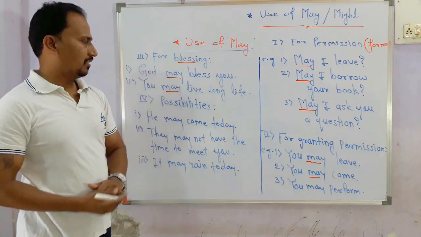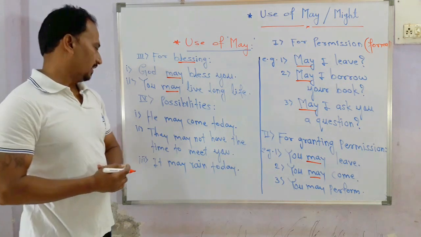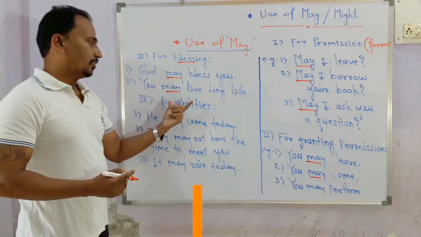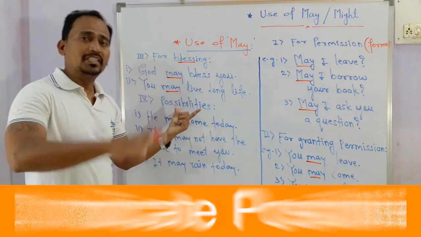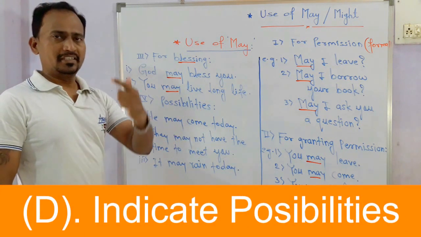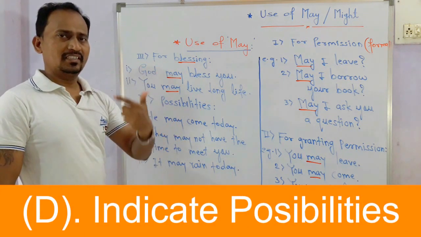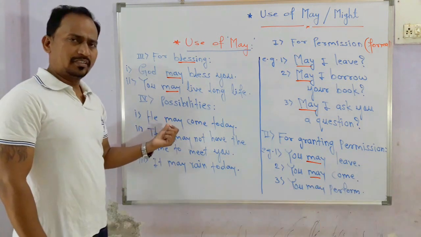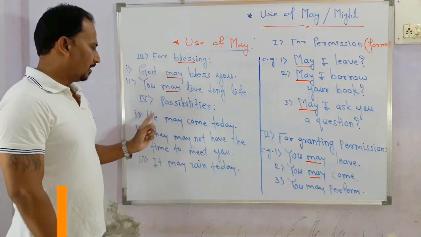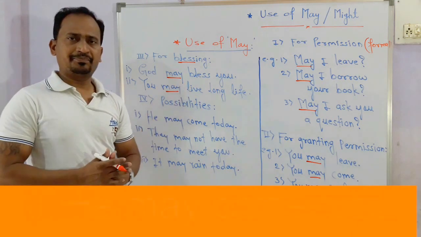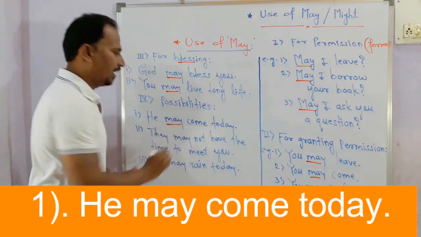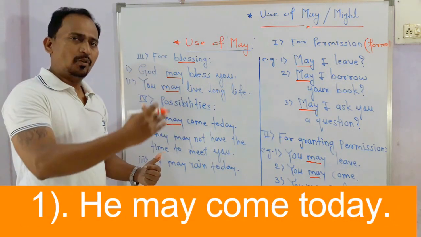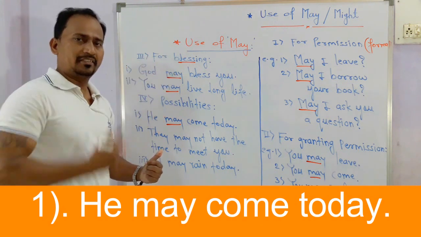And a very important use is there, that is to indicate possibilities. May is used for indicating possibilities. By the example, you will be clear. He may come today. That means there is a possibility of his coming.